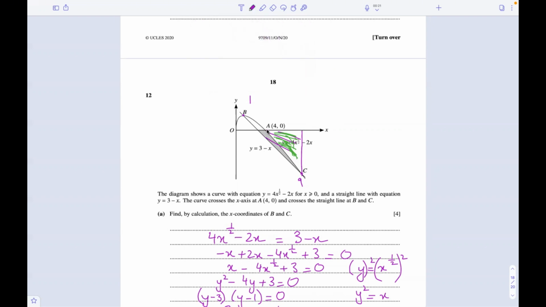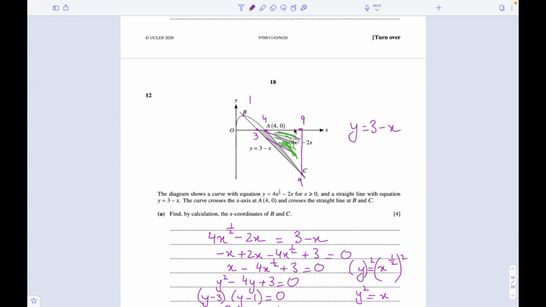So we have this point as 4, we have this point as 9, and this point. To find this point, we know that the equation of the line is y equals 3 minus x. Taking y equals 0, x will be 3.